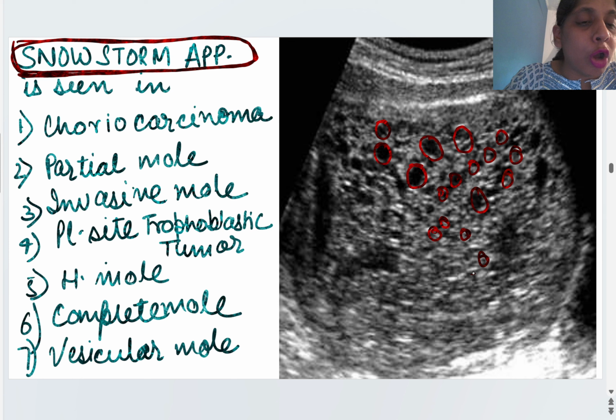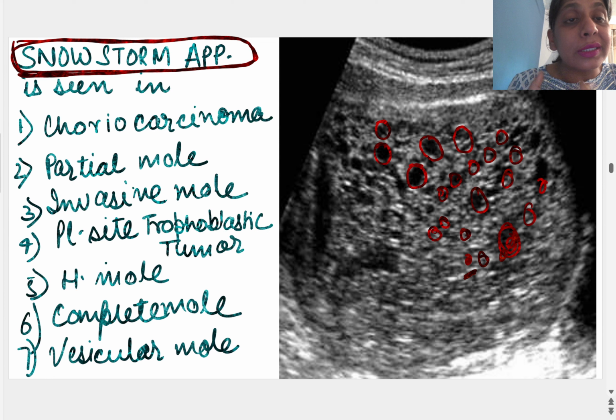Okay, so now they give you options, these 7 options. In the exam, we remember that yes, in molar pregnancy there is snowstorm appearance. Only, dear students, this snowstorm appearance is only in complete mole. We will not mark it in choriocarcinoma.